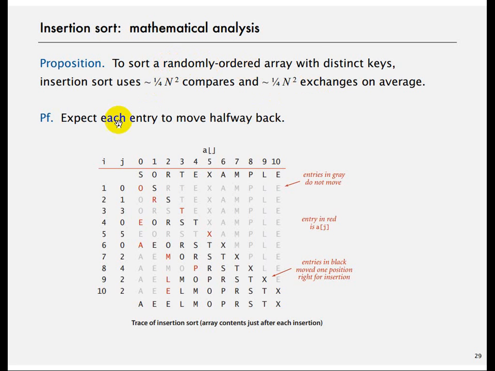But the basic idea, the basic premise, is to expect each entry to move halfway back, correct? The moment you can see why an entry will move halfway back, you will see why this is order 1/4 n square, and not an order of n square by 2.